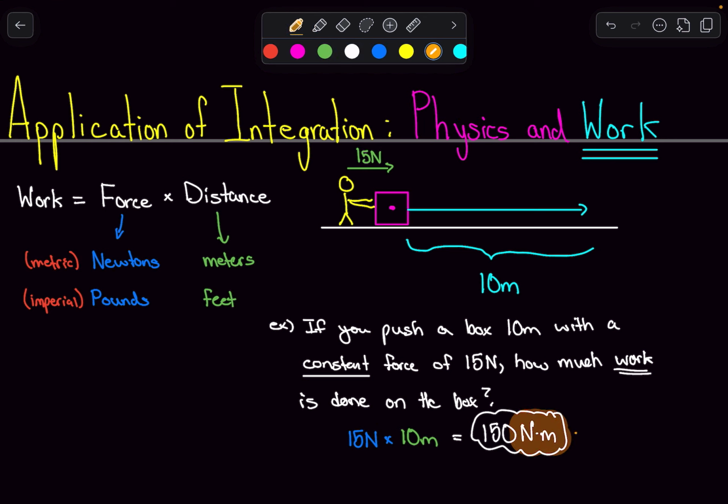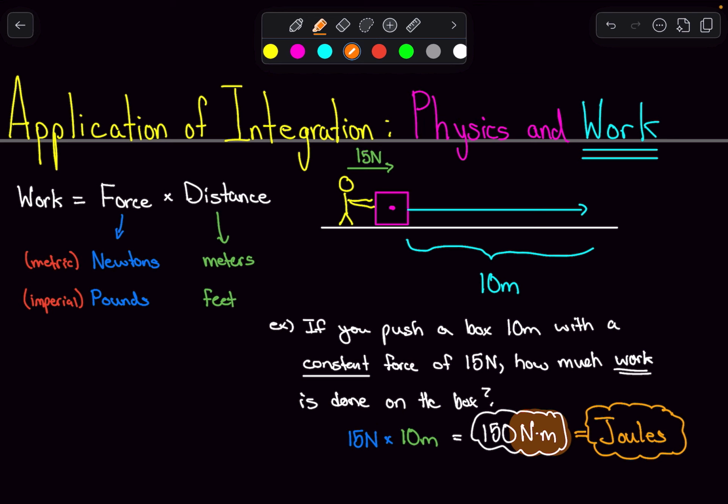It is more commonly known in science as the unit of joules. And joules is a measure of energy. So if it helps, when you think about work being done on something, you can think about it as the amount of energy required to move this box. Okay, so this is all fine and dandy, right?